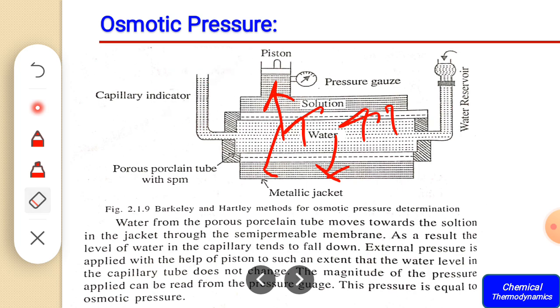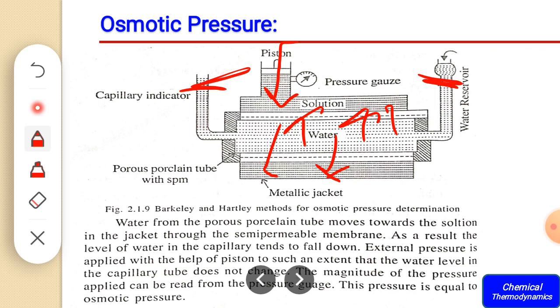But enough pressure should be applied with the help of this piston, at which the level of liquid in this capillary remains constant, remains the same.